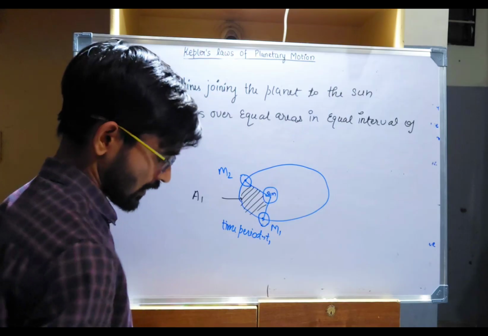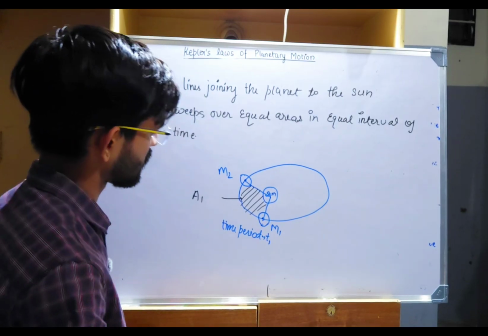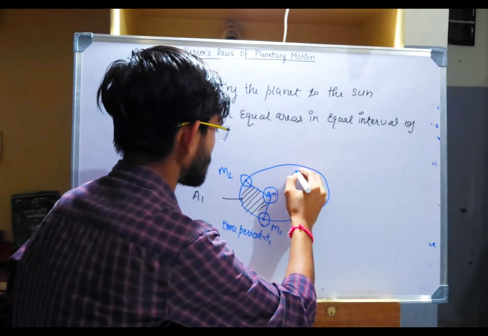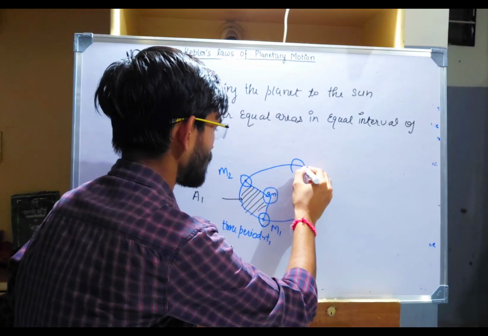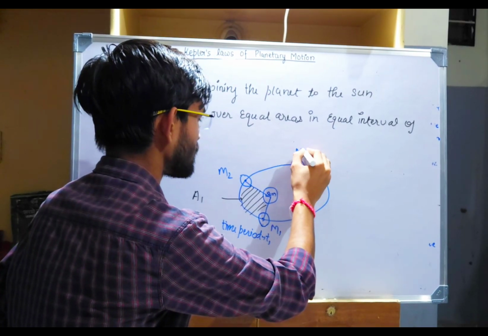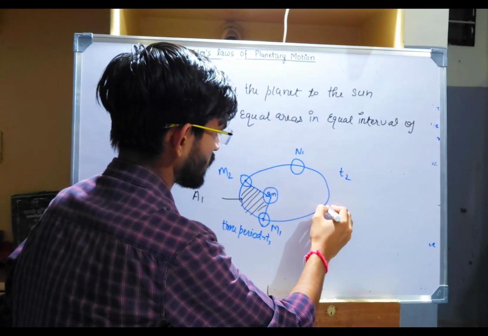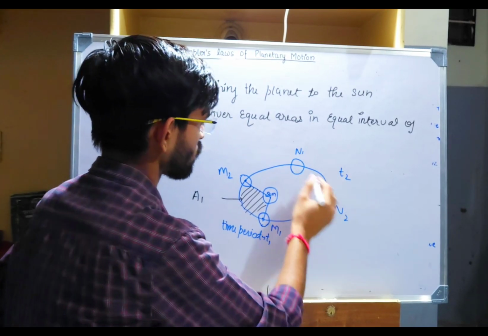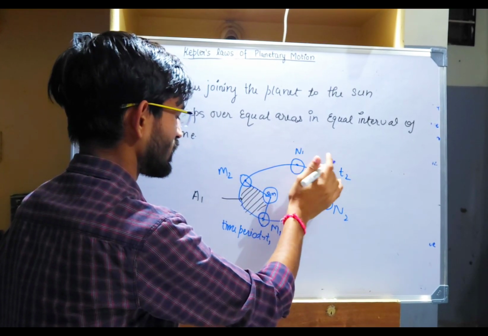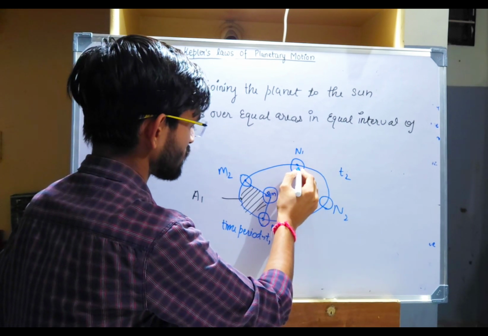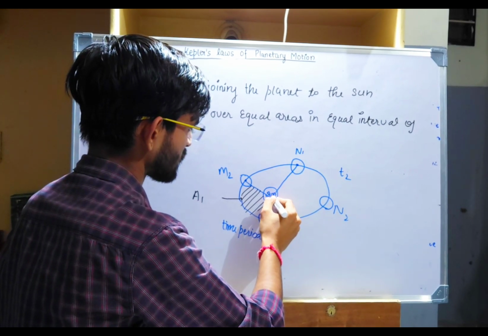a1. And at some other point, suppose this is point n1, and in time t2 Earth reaches point n2. Now join the trajectory of Earth from n1 to n2 to the center of the sun.